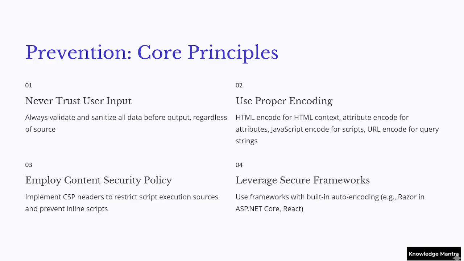Use content security policies or CSP to restrict what scripts can run on your site. And finally, use frameworks that do this automatically, like React or ASP.NET Core. Remember, XSS prevention isn't one fix, it's a mindset.